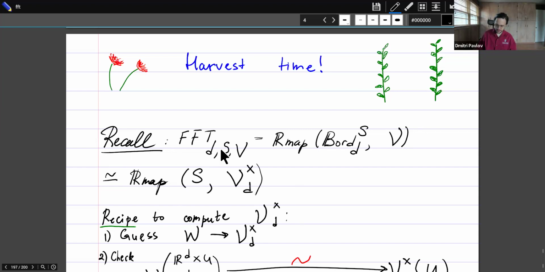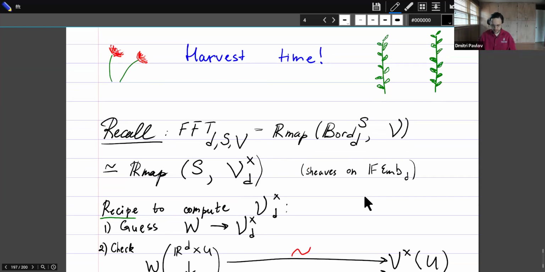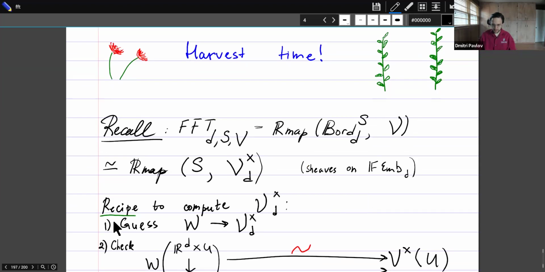This side is much easier to compute because it's just sheaves on FMD. And we also discussed how we have a recipe to compute V^D.